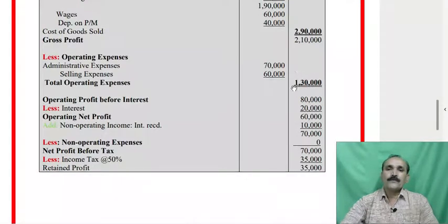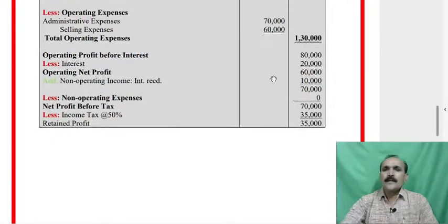After deduction of total operating expenses from gross profit, operating profit before interest and tax is 80,000, less interest 20,000.